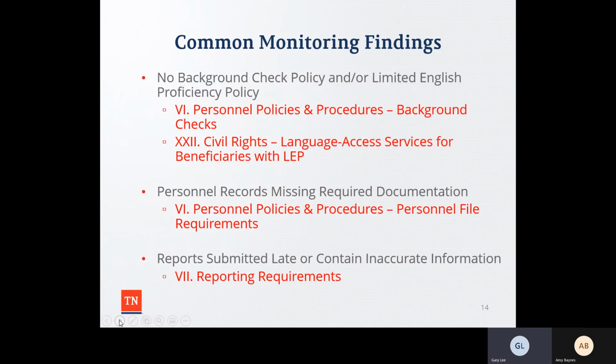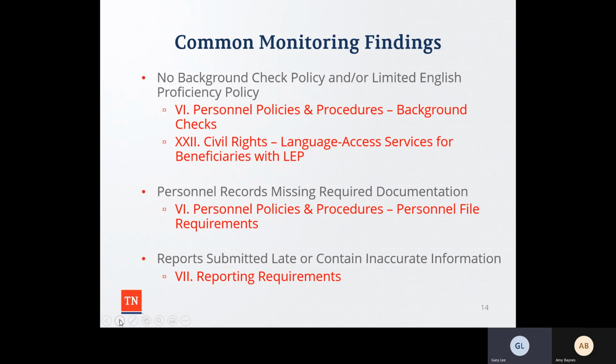Continuing on, another common finding is no background check policy or a limited English proficiency policy. Additional information on these policies can be found in Section 6 and Section 22 of the OCJP Grants Manual.